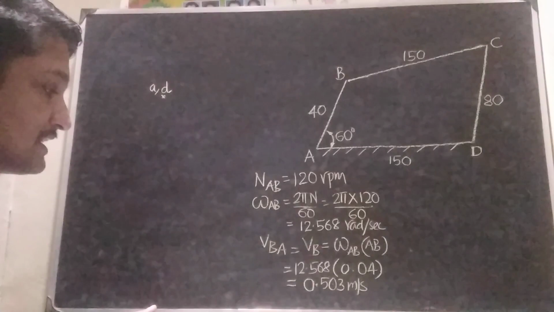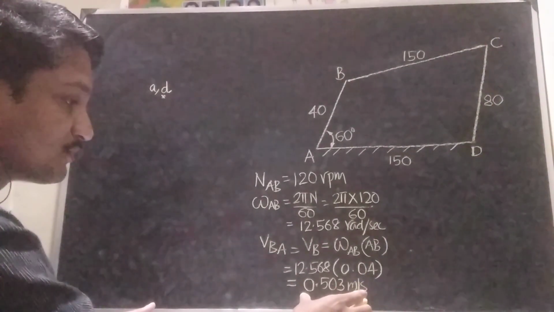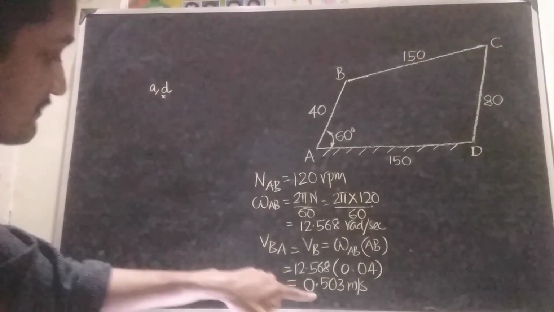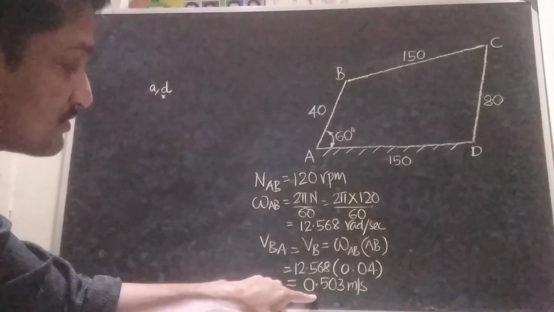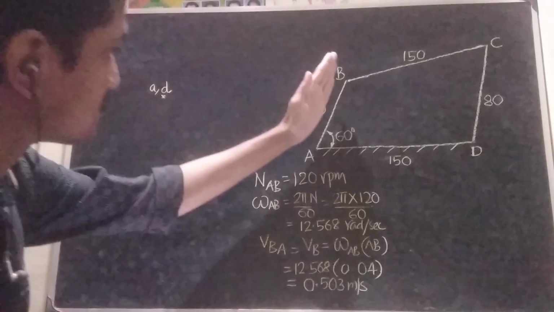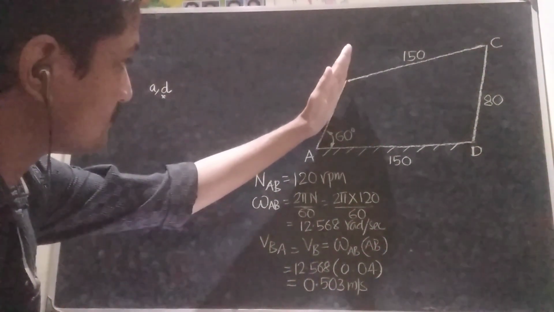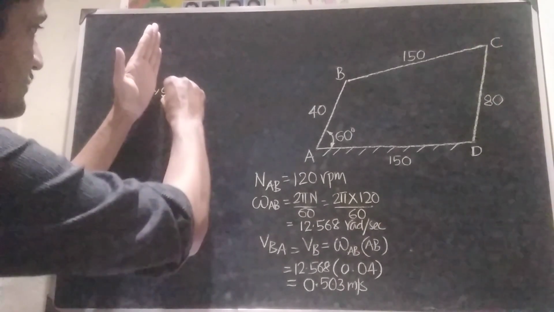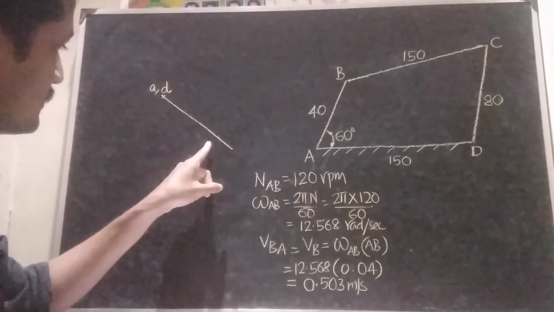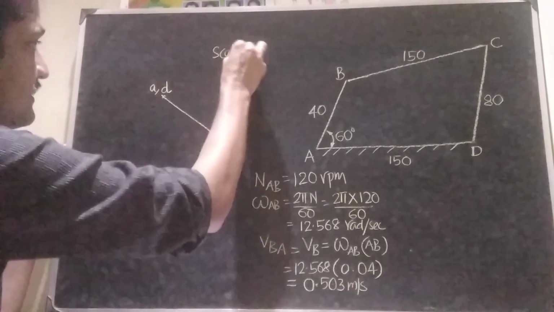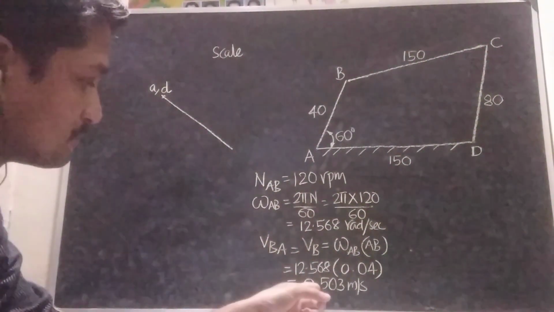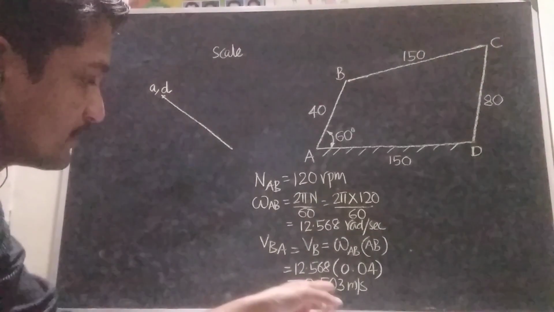That velocity is always perpendicular to this particular line, and we can represent it in magnitude and direction by a vector perpendicular to this line, like this. Here we can use any convenient scale to represent 0.503 meter per second.